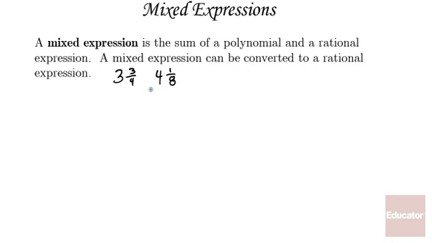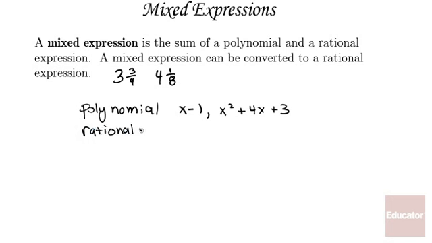The same way we can convert these mixed numbers into fractions, we can convert a mixed expression into a rational expression. So to give some examples of algebraic mixed expressions, well, they consist of a polynomial and a rational expression. So a polynomial, such as x minus 1, x squared plus 4x plus 3, and a rational expression. A rational expression is a fraction in algebra.